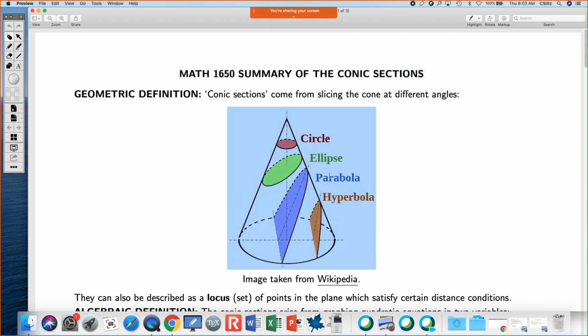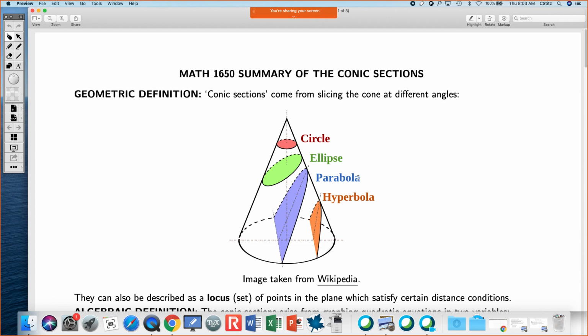Now, the parabolas we're going to talk about are the same parabolas we saw back in chapter 1, the same parabolas you saw back in algebra 2. But these other things may be new. It turns out that algebraically, the way we describe each of these conic sections is a quadratic equation, not necessarily just in one variable.